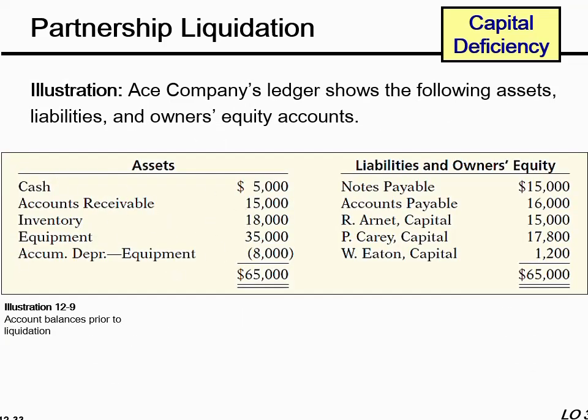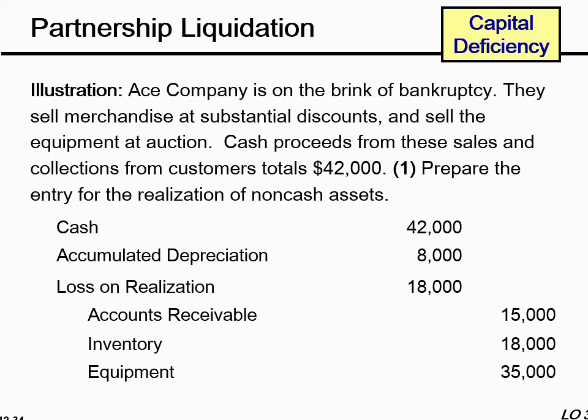And they sell their equipment also at poor rates, and altogether this was what they were able to get. Poor prices of inventory, fewer collections from customers, meaning accounts receivable, and the auction sale of their equipment enabled them to get 42,000 only.